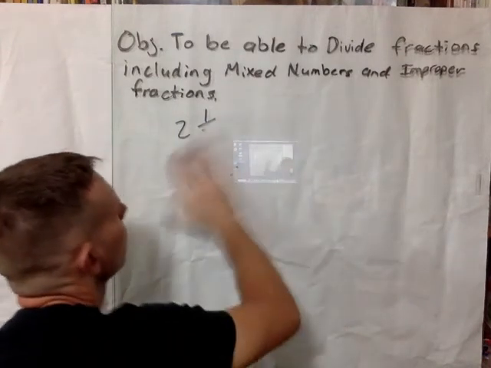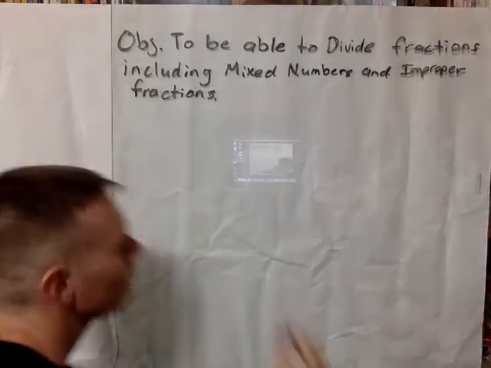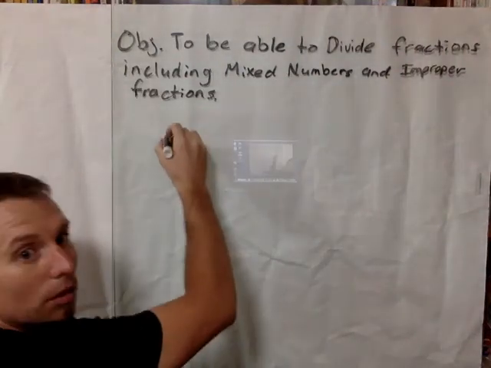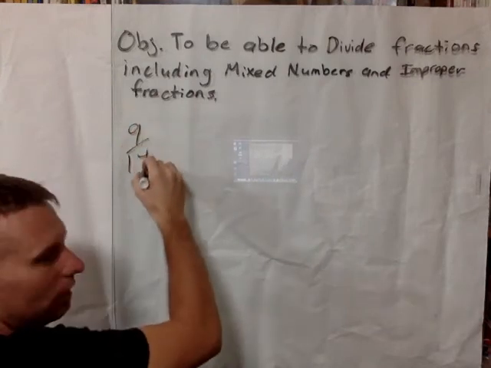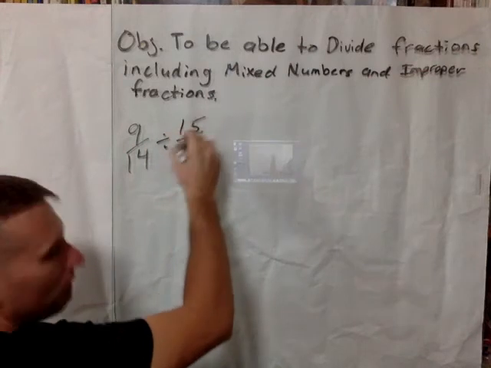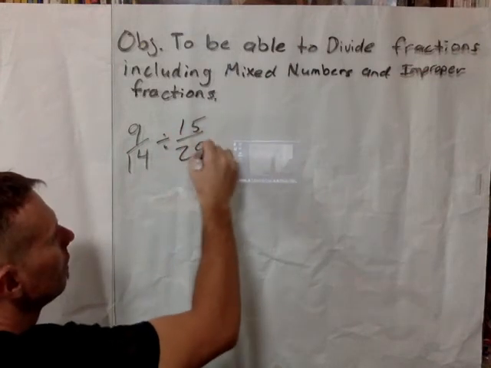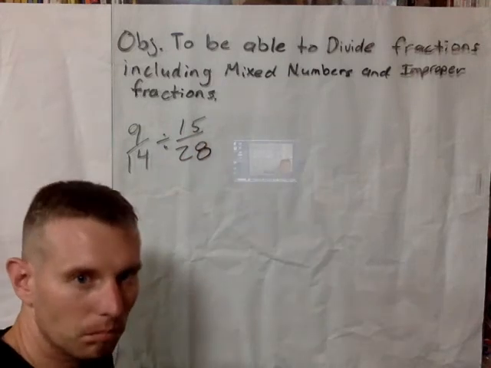Okay, let's try another one. I'm trying to get away from that glare. Let's do 9/14 divided by 15/28.